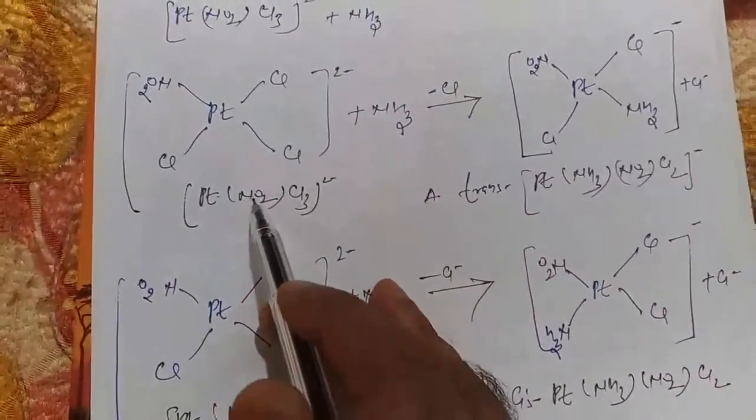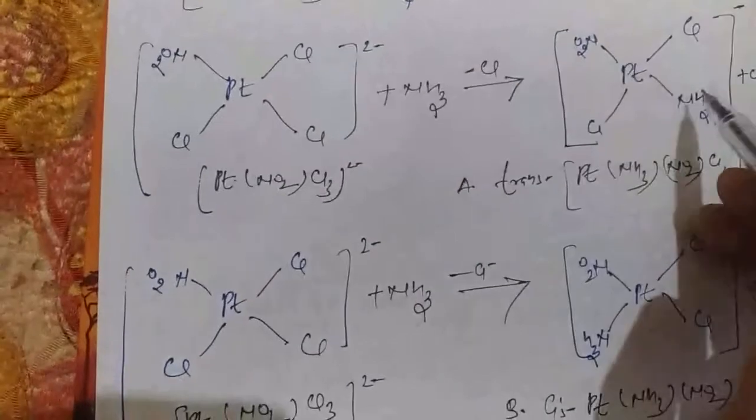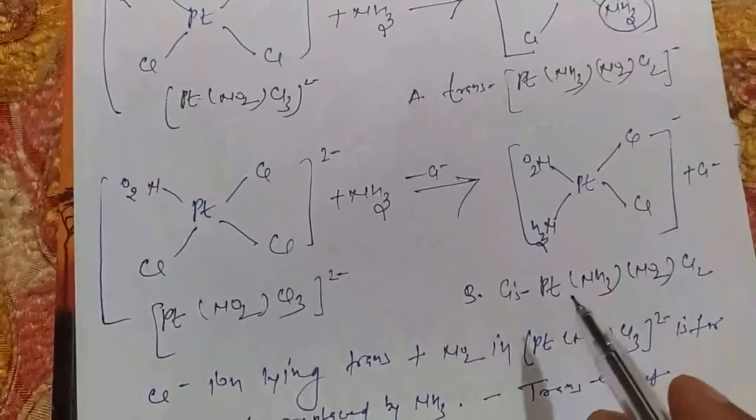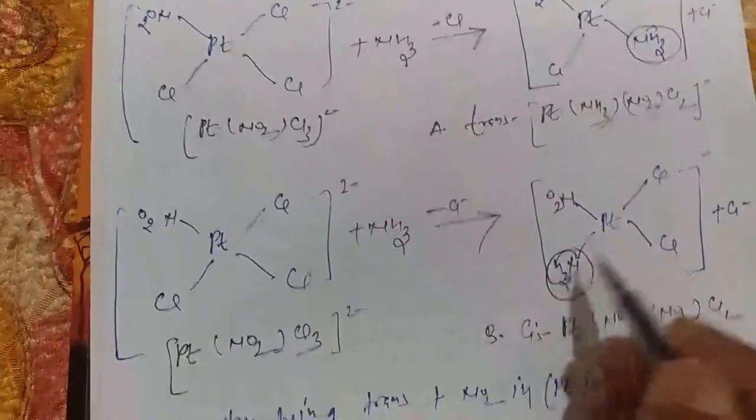Before that, I think this will be trans and here this is your cis. So we are replacing this ammonia, and I'm marking it so that we can remember very easily.